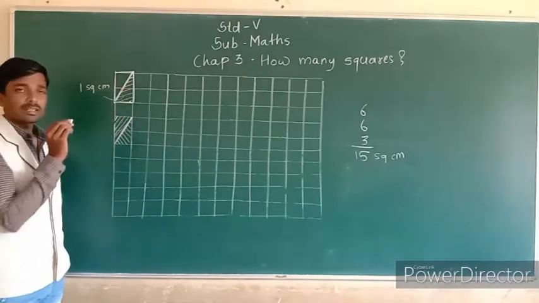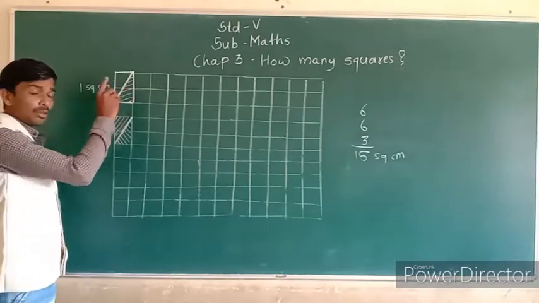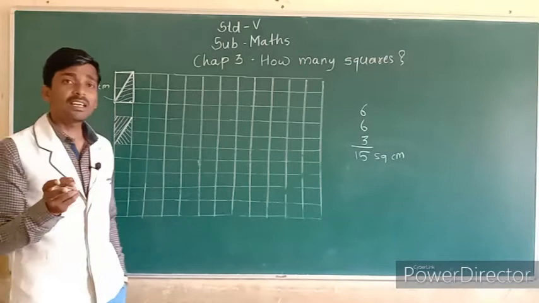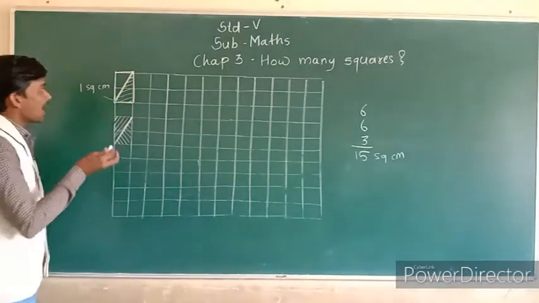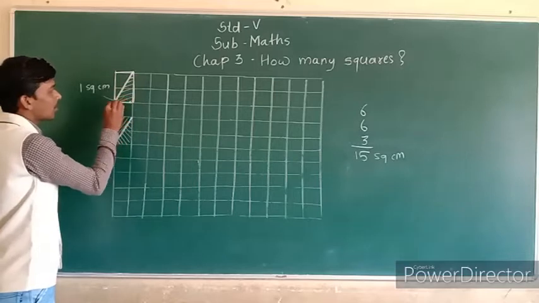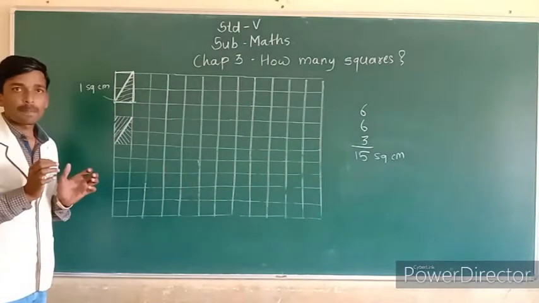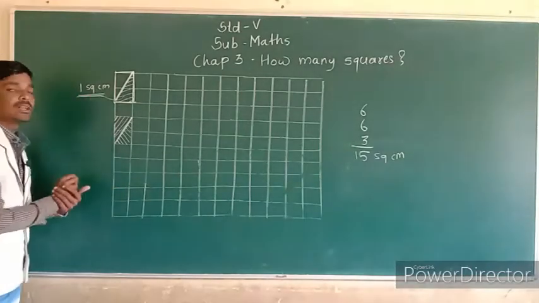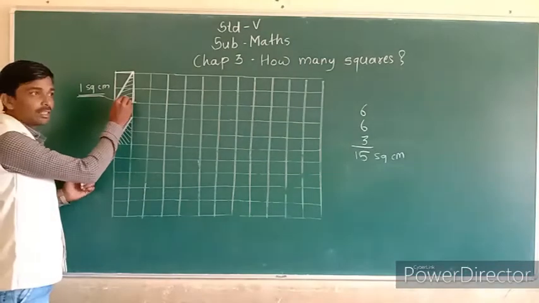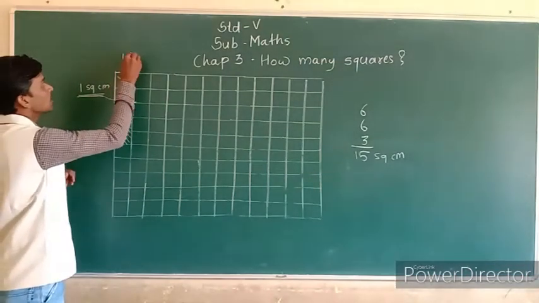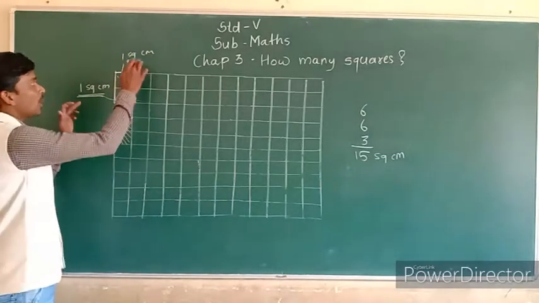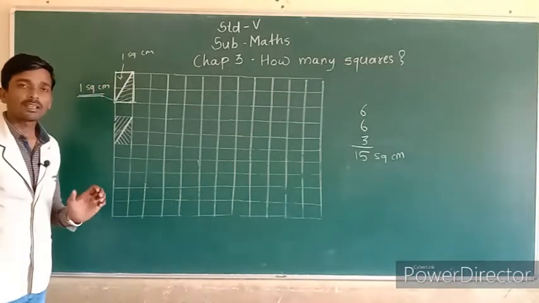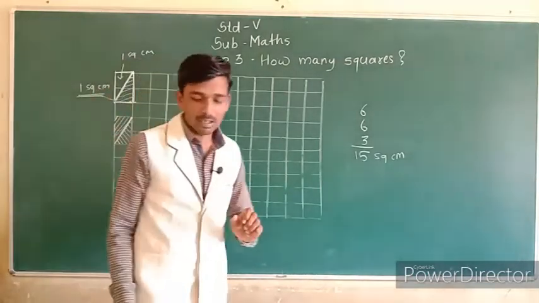Here there are 2 squares, so the area is 2 square centimeters. For this triangle we take the half part, half of 2, which means 1 square centimeter. Also this area is 1 square centimeter. When we add, we get 2 square centimeters, that is the area of those 2 squares. Understand how to find the area for that colored part?